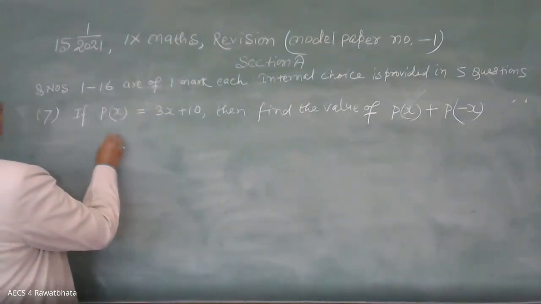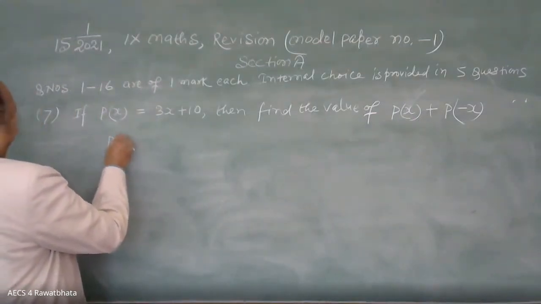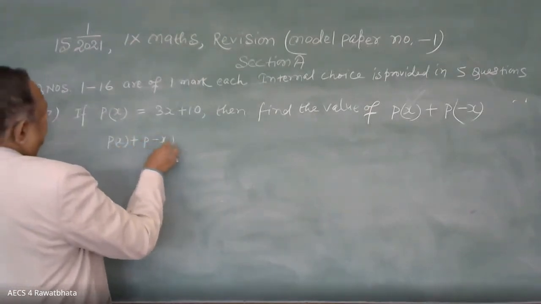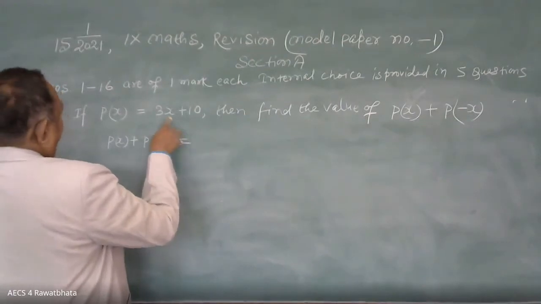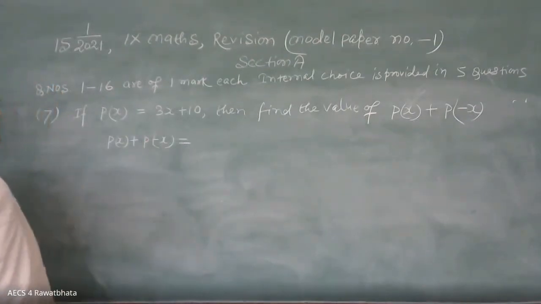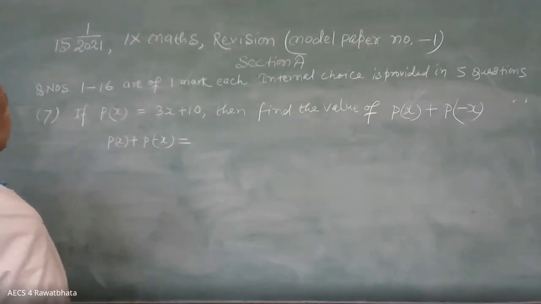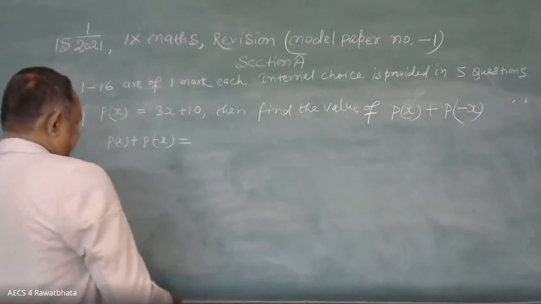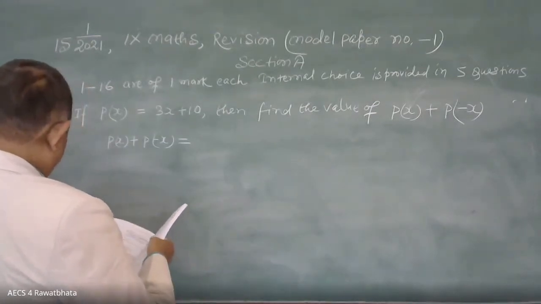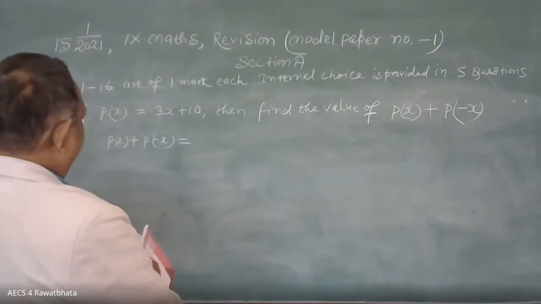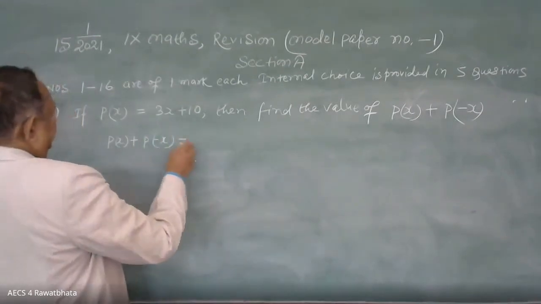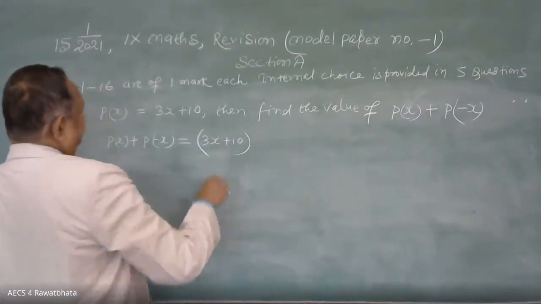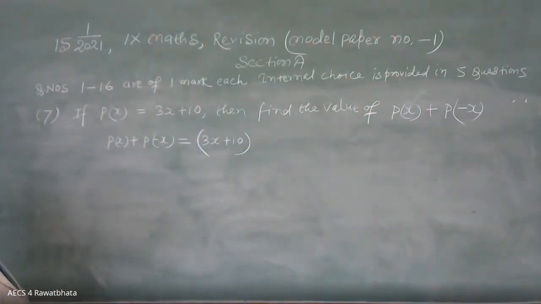So Px is given. So Px plus P minus x. Put x is equal to 1. So Px is given, 3x plus 10. This is Px.